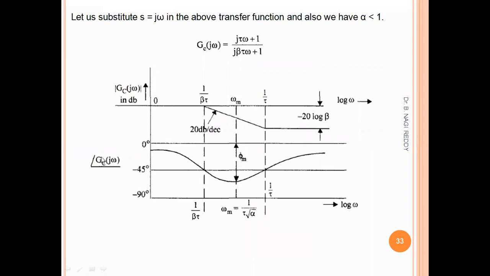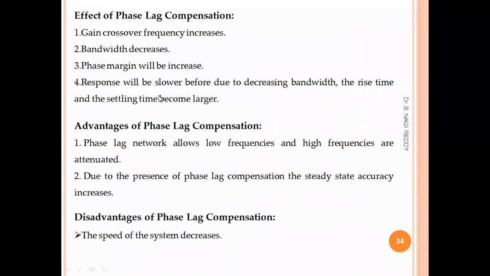And after getting the stability, what is the effect of this lag compensation in the control system? There are a few effects. The first one is the gain crossover frequency increases. Because of this lag compensation, the gain crossover frequency of the control system will get increased.